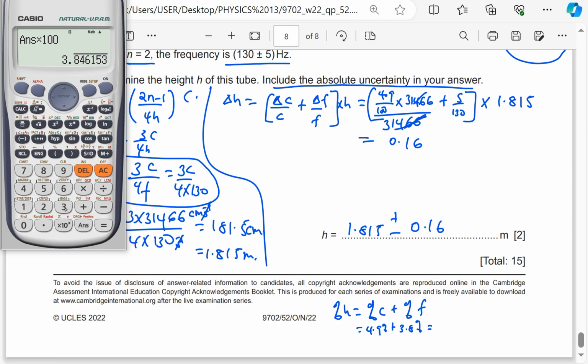So total percentage is going to be 3.8 plus 4.9, so that is 8.7%.